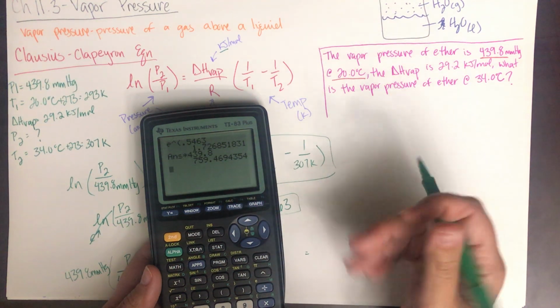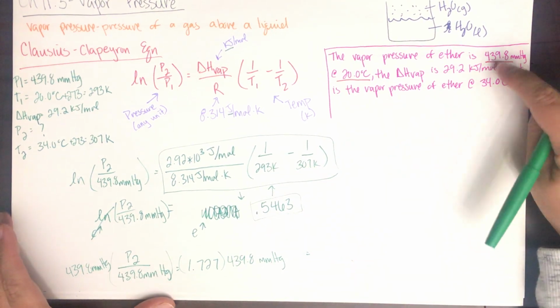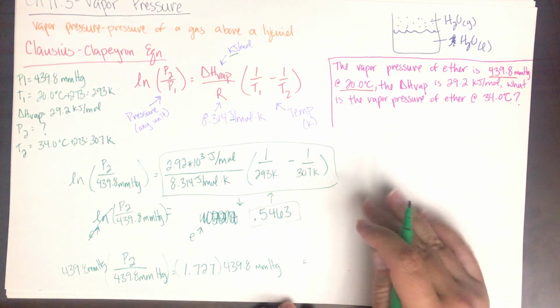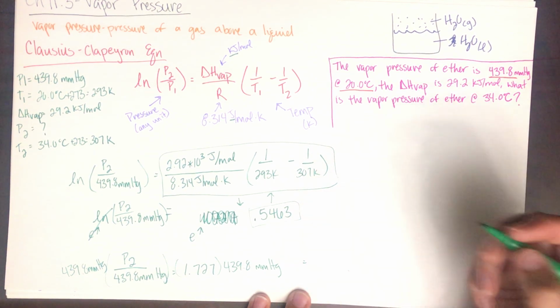It's going to be about 759.5 with 3 significant figures. We really should get 760, but it's technically 759.